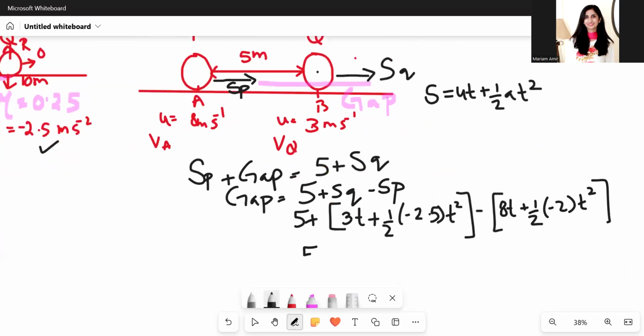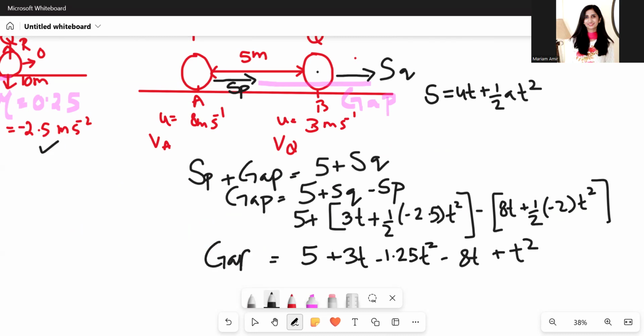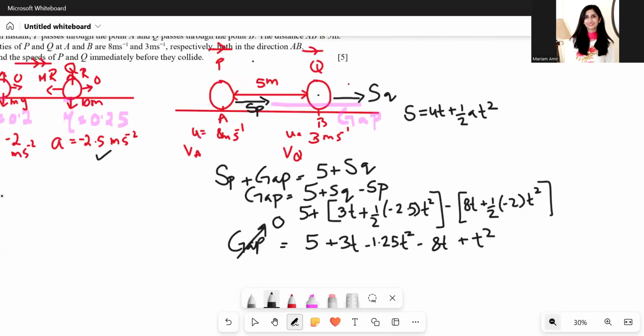This would be 5 plus 3t minus 1.25 t squared minus 8t plus t squared, equal to gap. Now we're going to equate the gap to 0. That is when the particles collide.